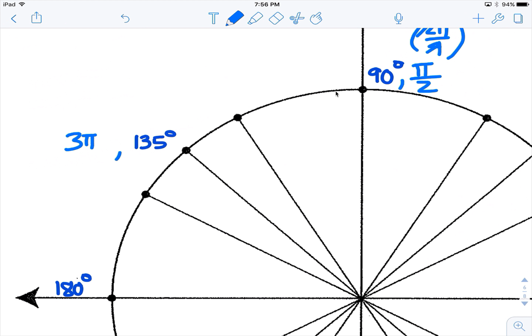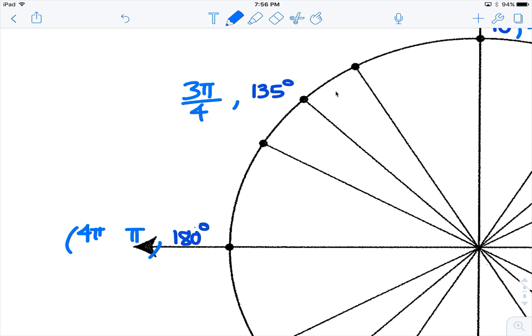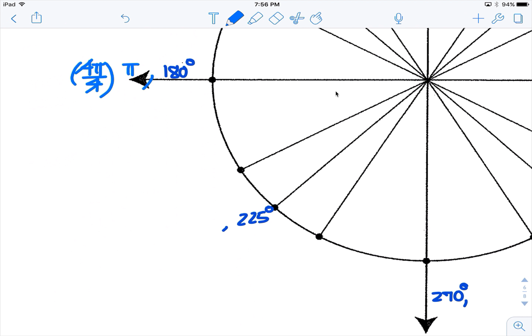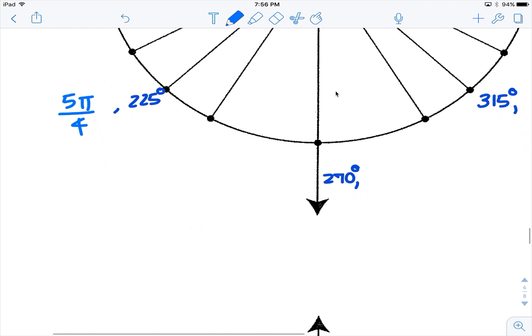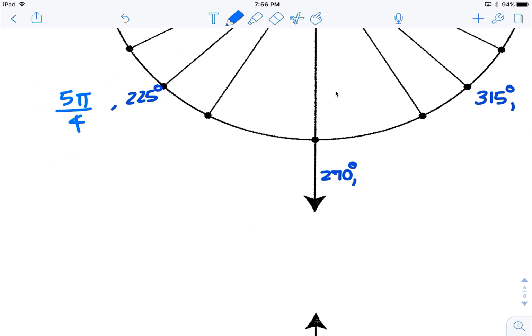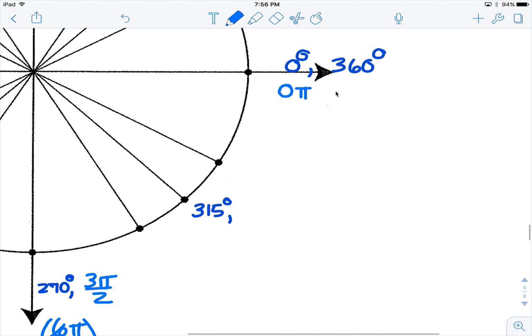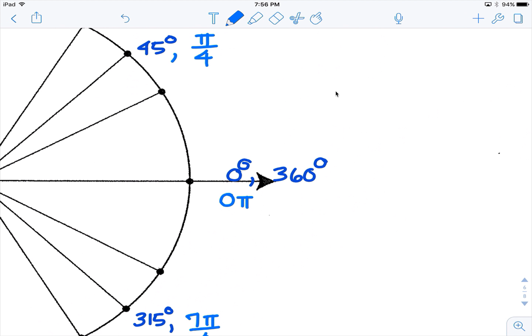At 180, we have pi, which is the same as 4 pi over 4, but we reduced that. At 225, we have 5 pi over 4. At 270, it's the same as 6 pi over 4, but that reduces to 3 pi over 2. At 315, we have 7 pi over 4, and all the way around would be 2 pi, which is the same as 8 pi over 4.